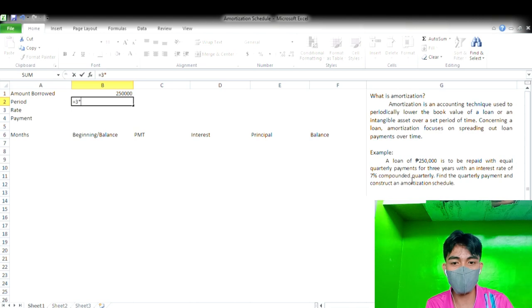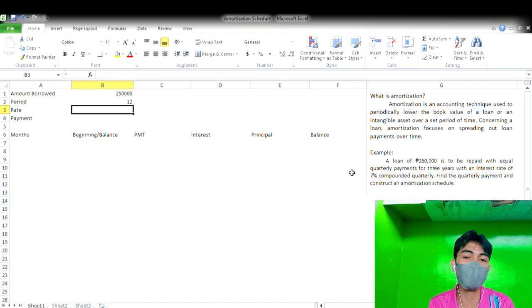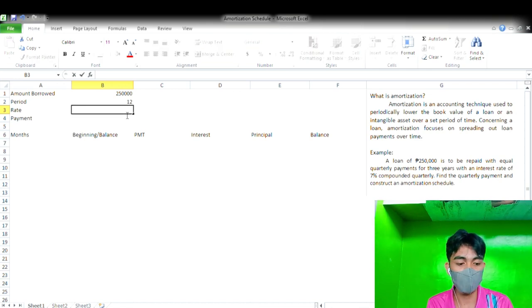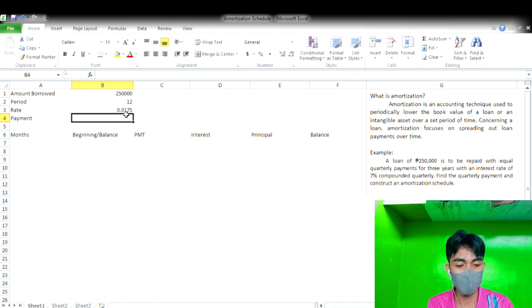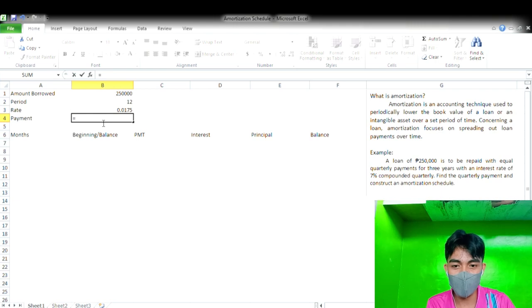And then the rate here is 7%, or in decimal form it is 0.07. Equal sign 0.07 divided by our M, which is 4, and then enter. And our payment equals PMT, which stands for payment, and just follow the instruction here.